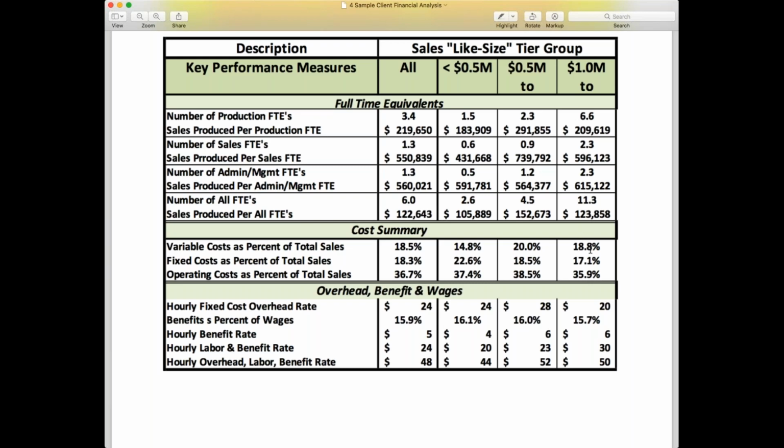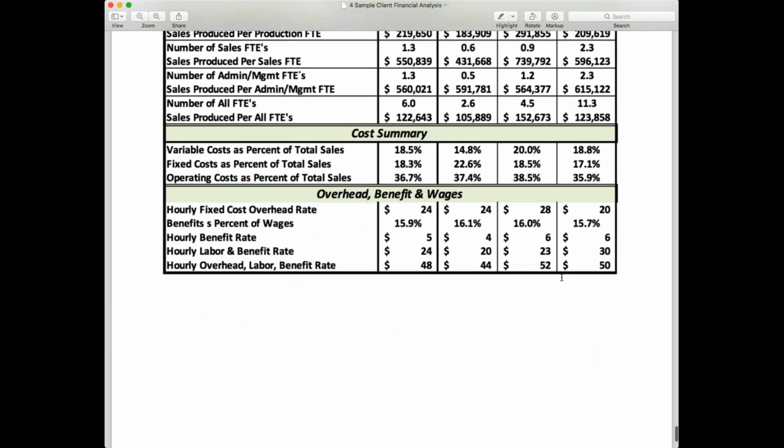The ratios of variable and fixed costs and overall operating expenses, and notice that they stay relatively static across all the different size shop segments. And then the last piece down here, this is the overhead, and this number has really surprised me at how static it remains in that 24, 25, maybe as low as 20.